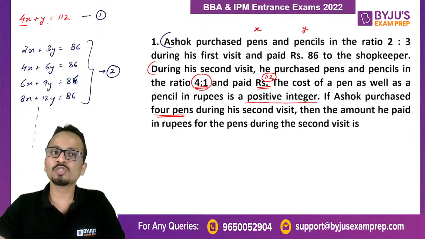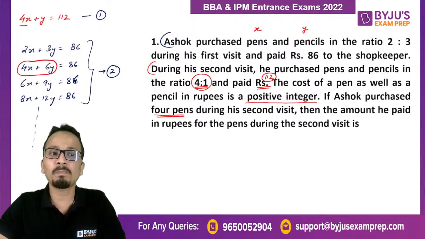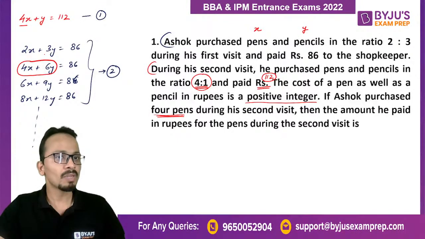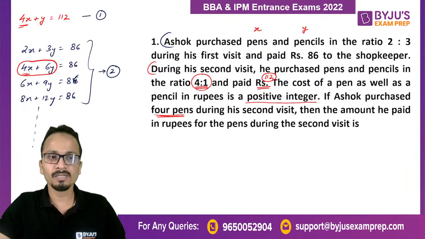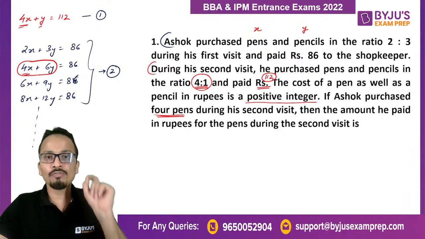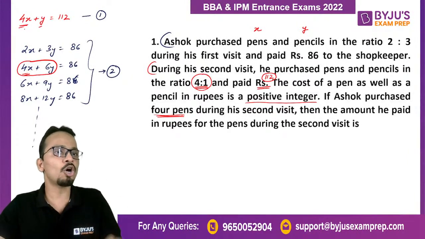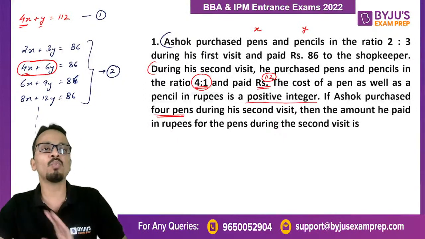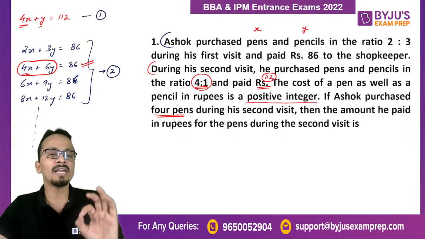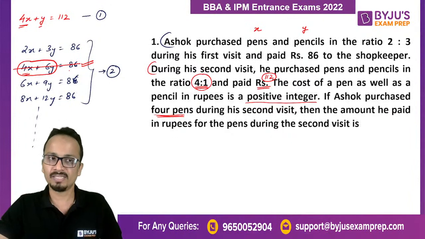So if 4x plus y is 112, can I say that the value of 4x plus 6y should be more than 112, right? Because 4x is common here and instead of y I have 6y. So the cost of 4 pens and 6 pencils should be more than the cost of 4 pens and 1 pencil. So this value here should be more than 112. So I can say that this second equation is not valid.